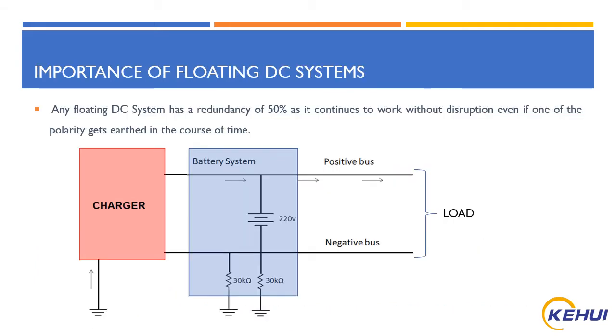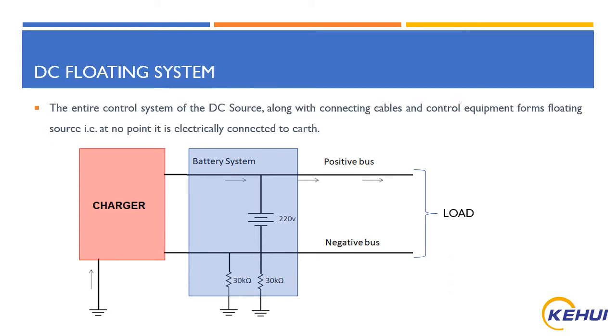Any DC floating system has a redundancy of 50%, as it continues to work without disruption even if one of the polarities gets earthed in the course of time. The entire electrical control system, along with the connecting cables and the control equipment, forms a floating source.